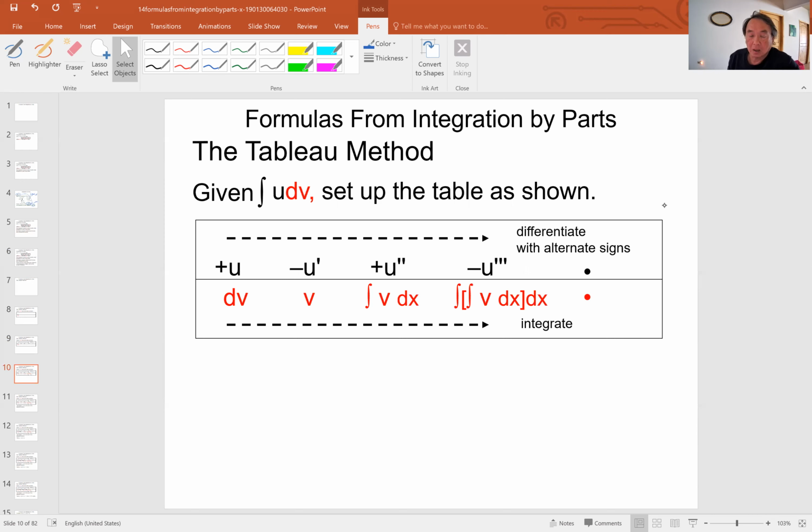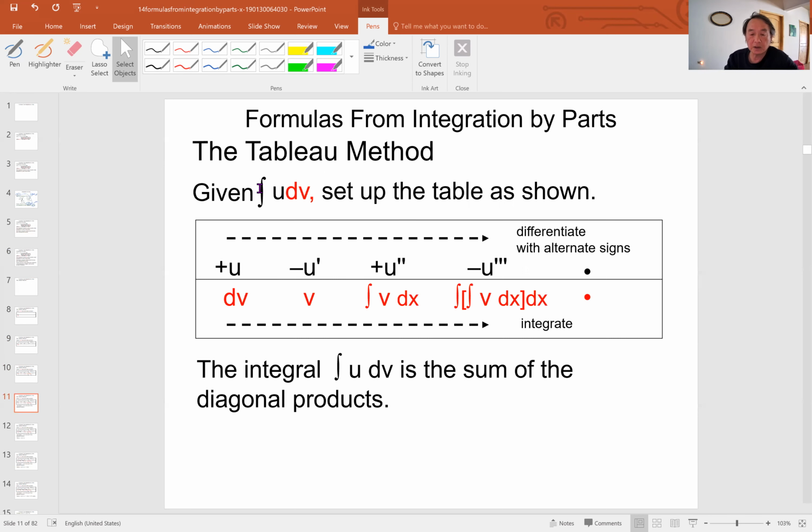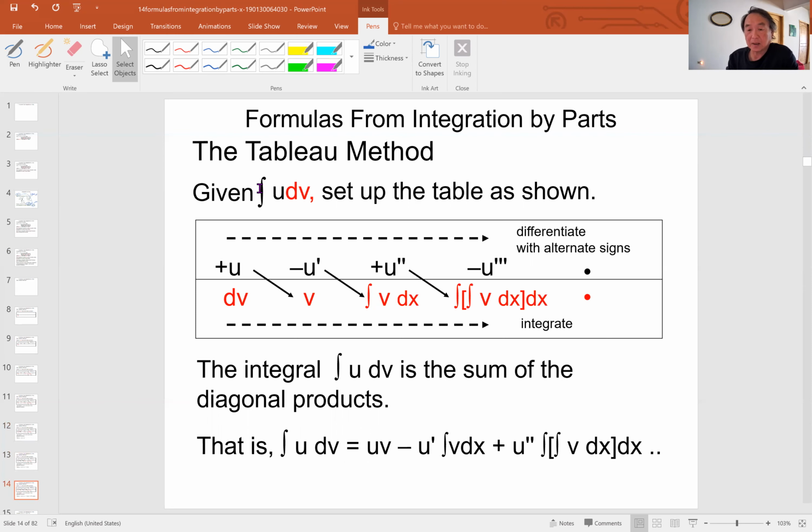We keep using integration by parts on the formula, integral of u dv, which is uv minus integral of v du, but we're going to replace that by another integration by parts, and another integration by parts, and so on and so on.